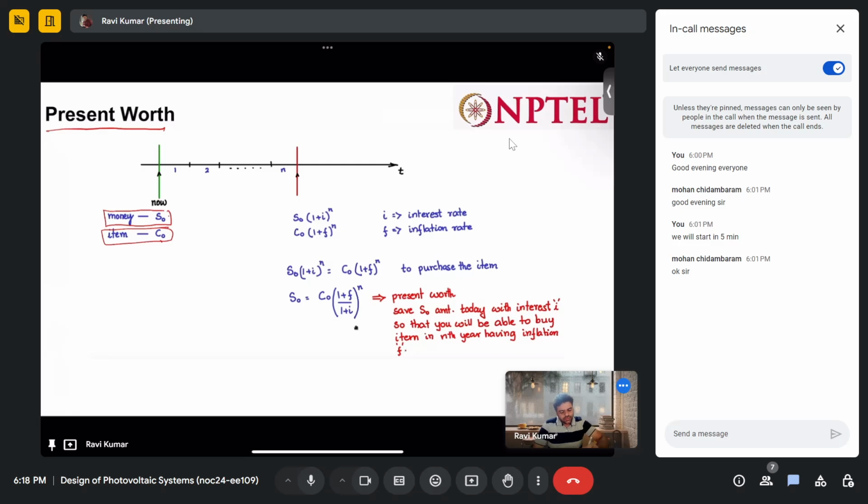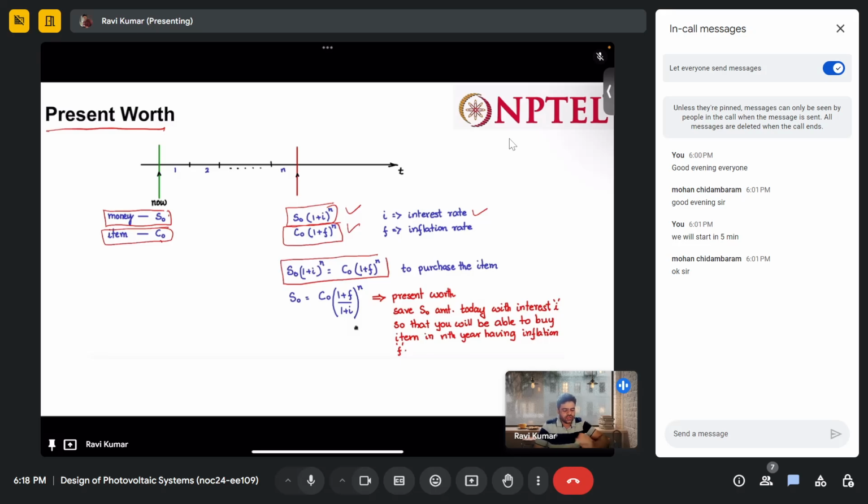With the interest rate I, our amount will increase. And with the inflation, the cost of the item will also increase. To purchase this item, this increase in the amount and this increase in the cost of the item should be equal at any point of time.